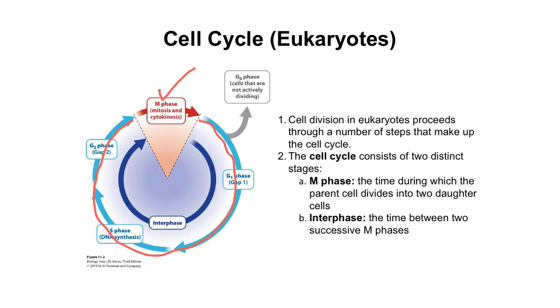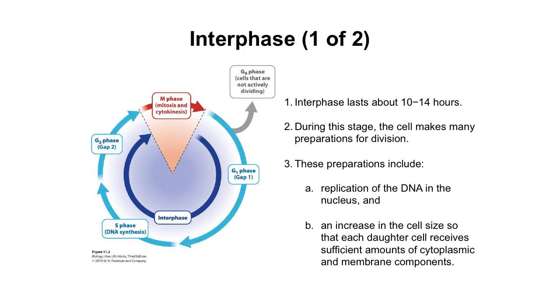And as we will see, it actually consists of a whole lot of integrated and complex events that are finely regulated in order to assure that a normal M phase happens during each cell cycle. So let's have a closer look at interphase.